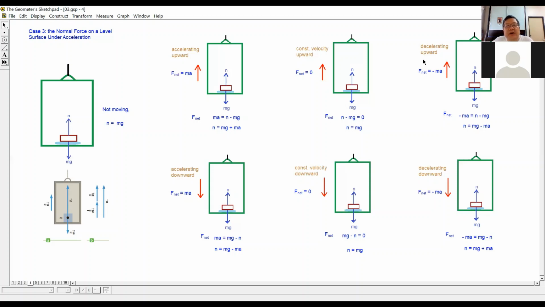Now, how to analyze the motion of this object inside a lift? We can look at it by considering the net force. Maybe I need to tell you again about the net force.